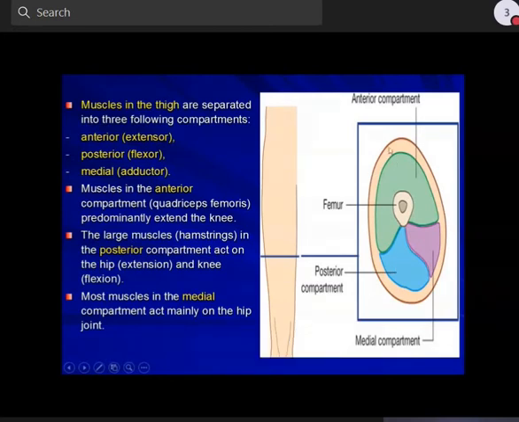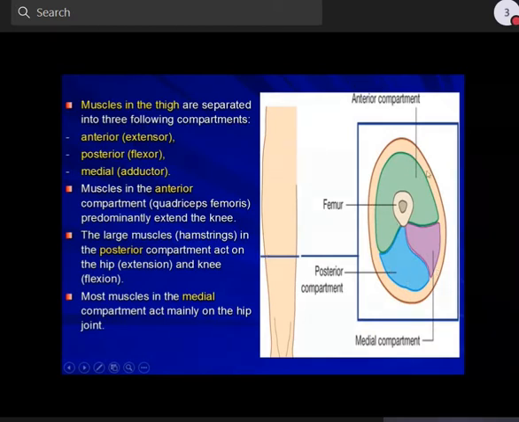The position of the extensors and flexors is completely different from that in the upper limb. In the upper limb, all flexors are in front and extensors behind. And in the lower limb, extensors of the thigh and leg are positioned in front, and flexors on the posterior aspect of the thigh and leg.